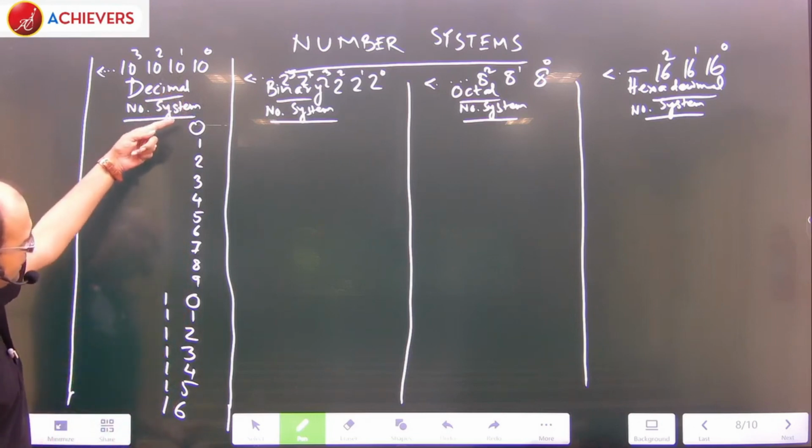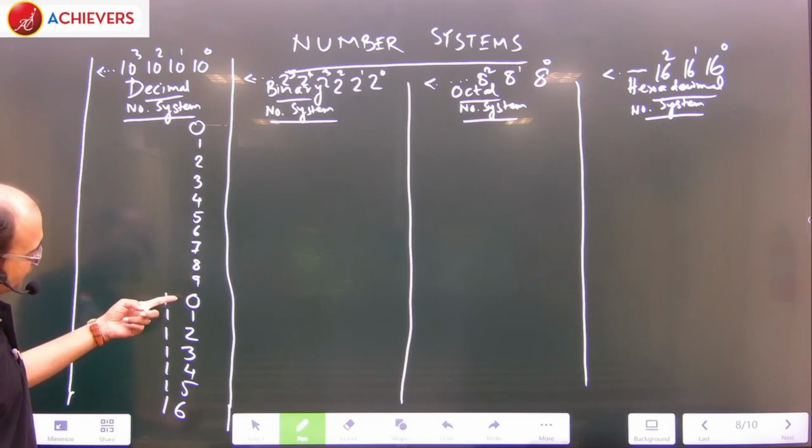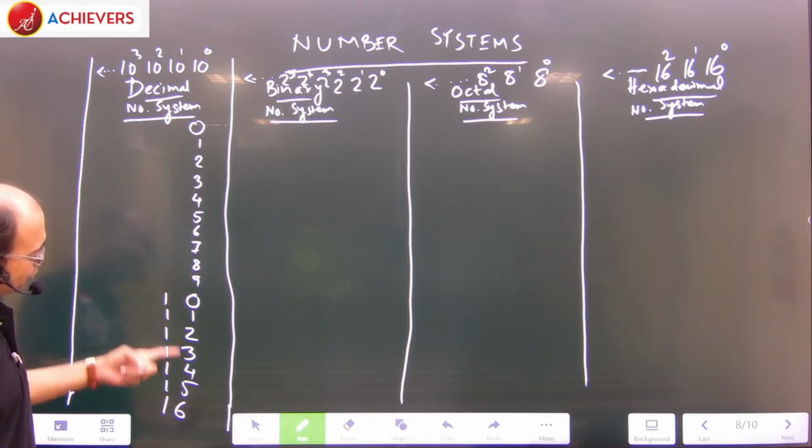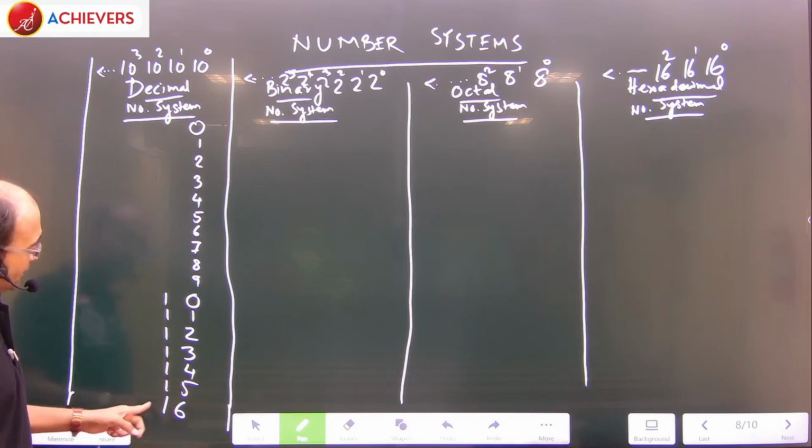The digits are 0 to 9, and after that we continue with 0 to 9 again. So we have written up to 16.